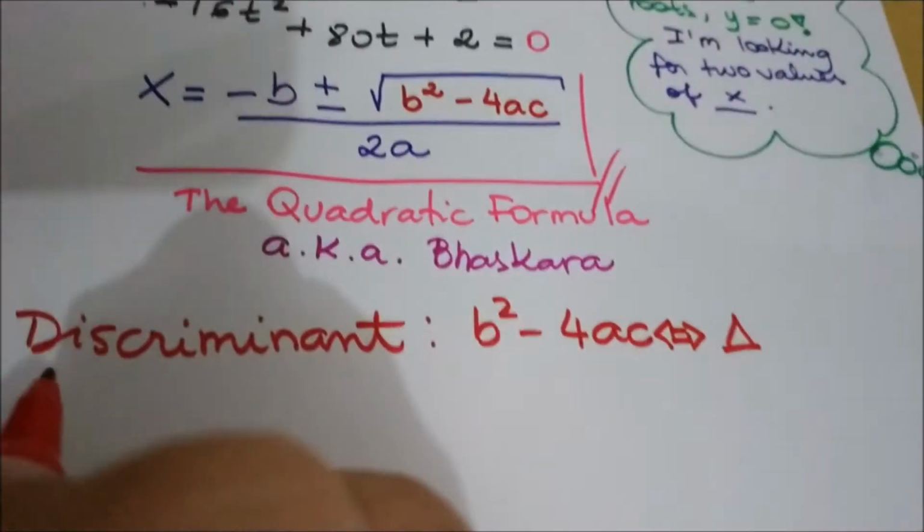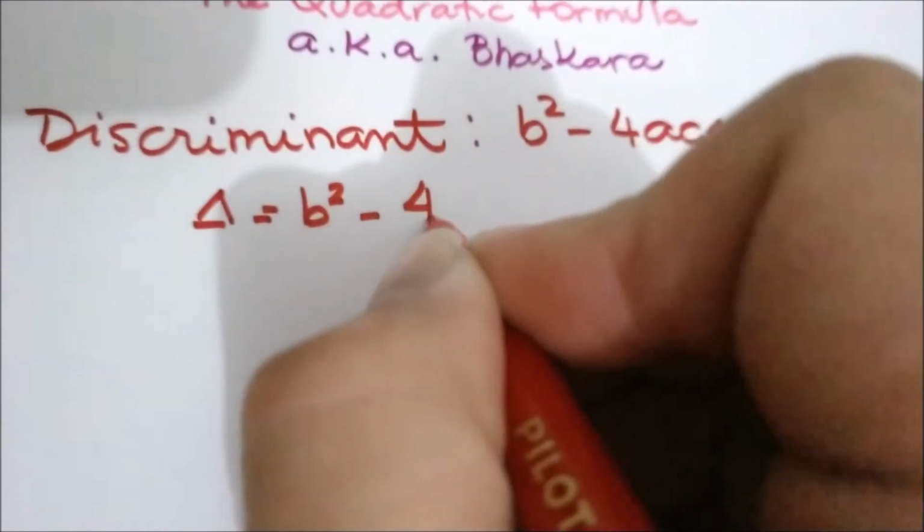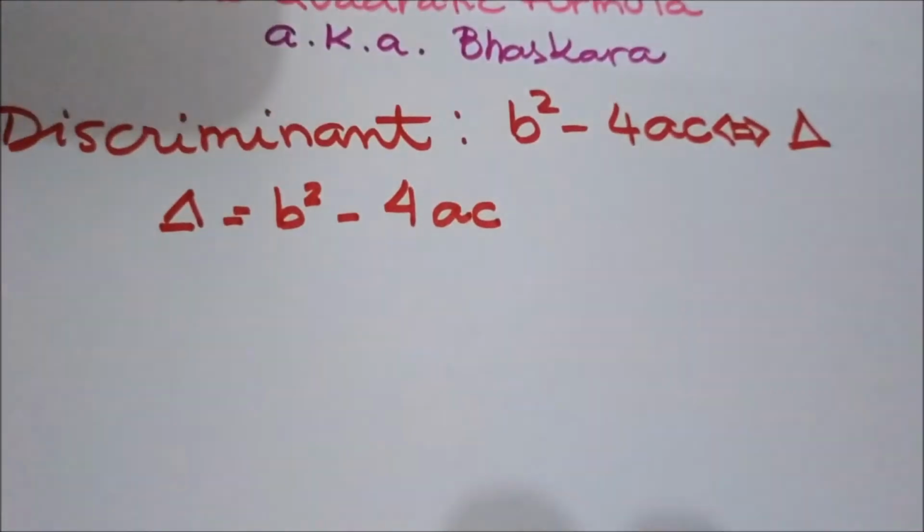And we usually replace this by the Greek letter delta. Okay? So, in other words, we say that delta is b squared minus 4 times a times c.